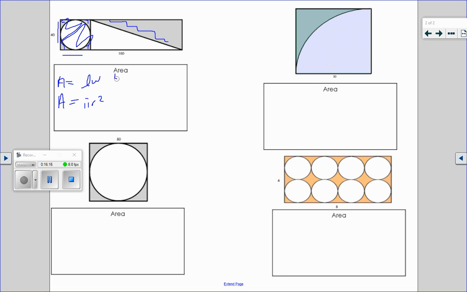So you should have done 40 times 40. Okay, and then for pi r squared, you should have done 3.14. The radius of this is half of that distance. So we know the whole distance is 40, so half would be 20. 20 squared. Remember, you always have to square first. You cannot times before you square. Don't forget order of operations.